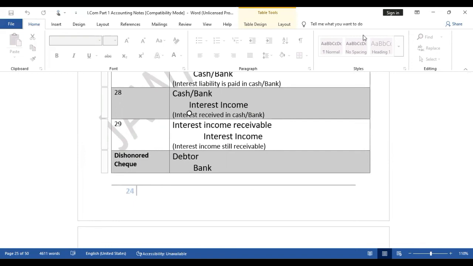And whenever this interest is receivable from a bank, that is, the whole year has elapsed and we are going to receive money from the bank against the investment that we have made, the entry will be interest receivable debit and interest income credit.